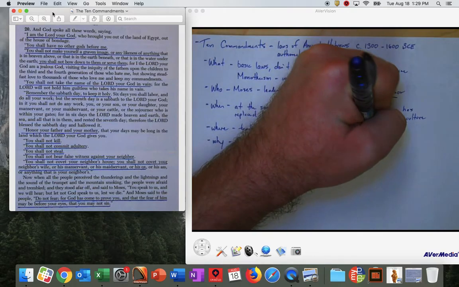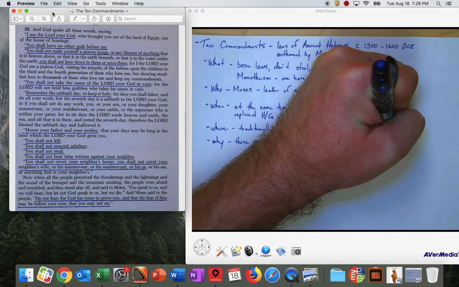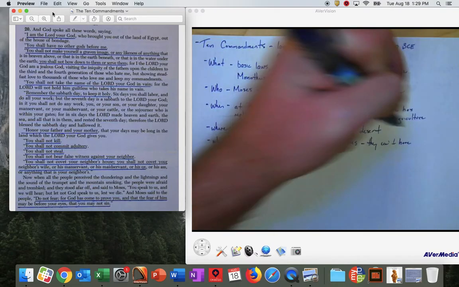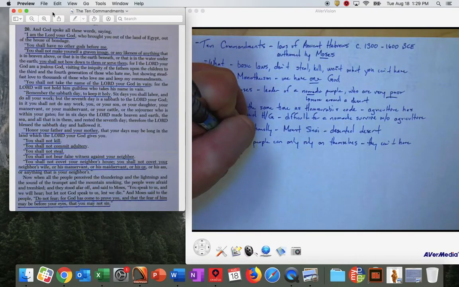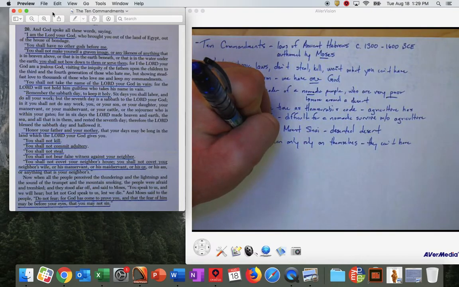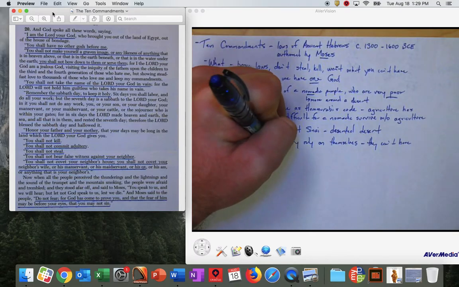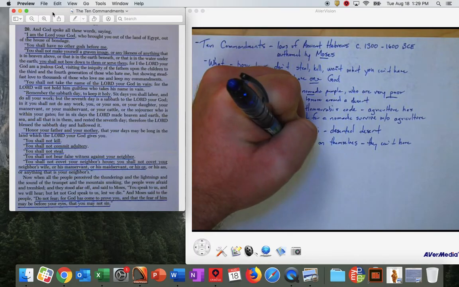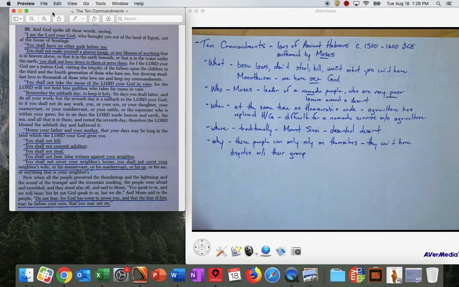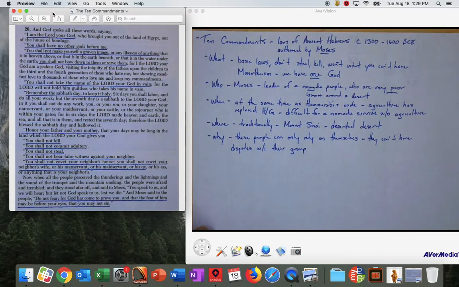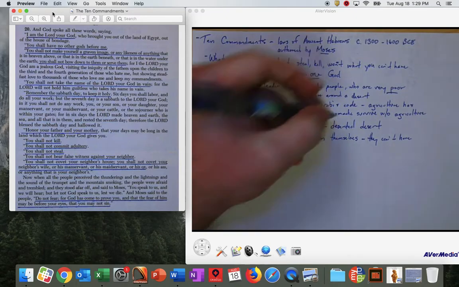So they can't have disputes within their group. They can't have disputes over stealing stuff.